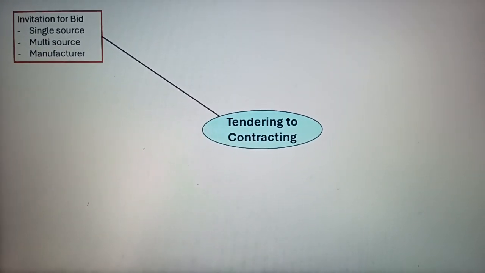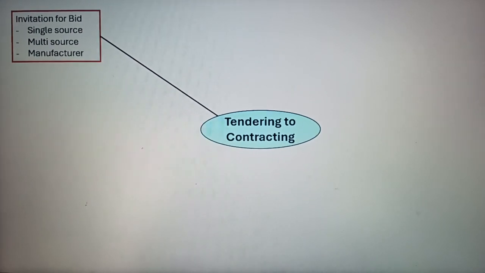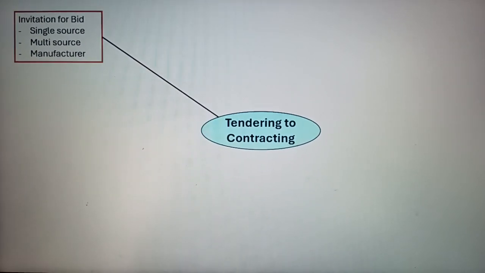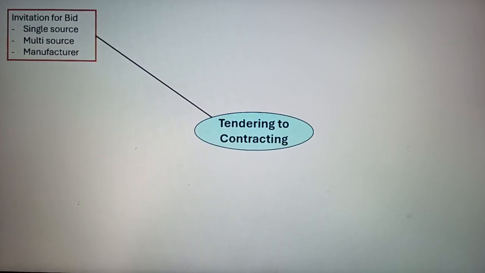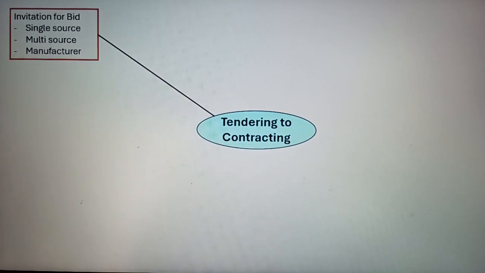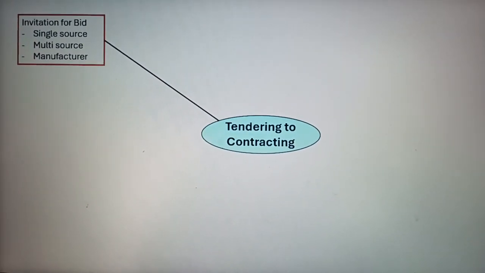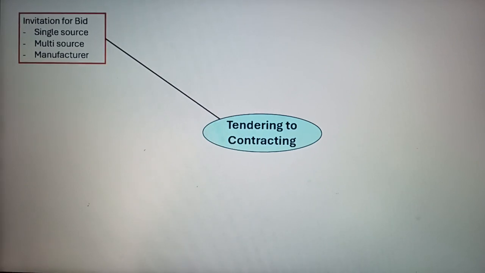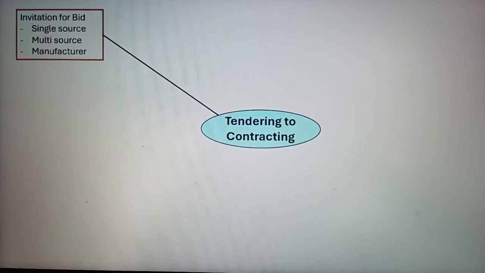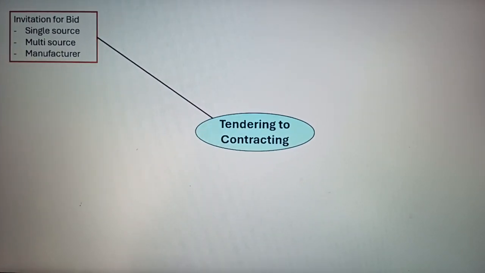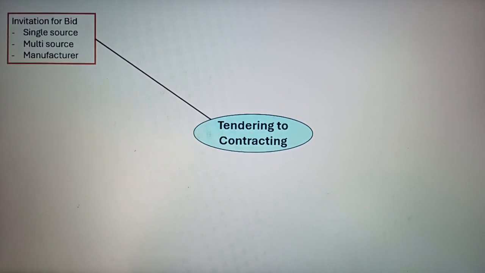The second type is the multi source tender. In multi source, there is a wide opportunity for vendors to bid in this tender. In this type, a number of vendors bid according to their capacity and our requirement.